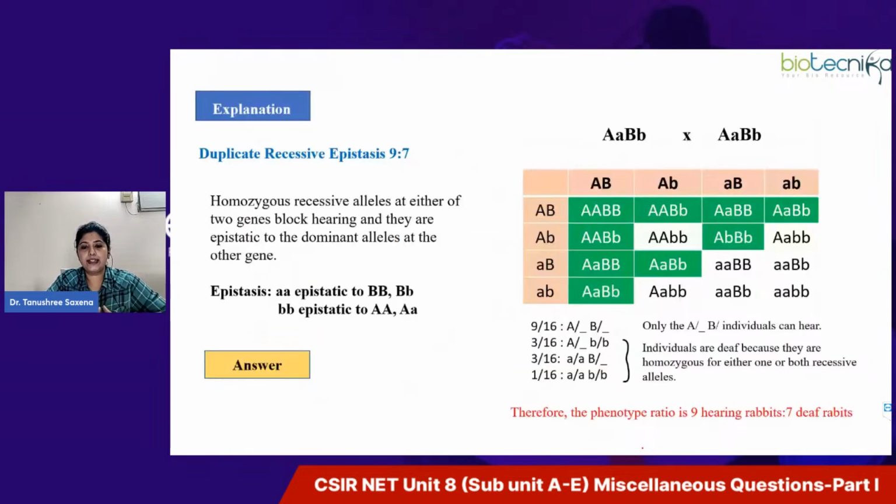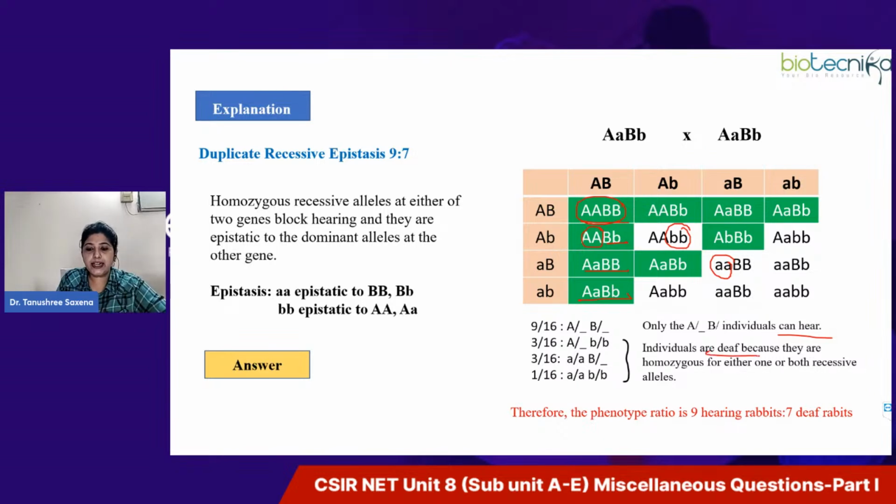And if you want to understand the question in detail, as I mentioned earlier, we need both dominant A and B alleles. If they are in homozygous or heterozygous condition, or any one is homozygous and the other heterozygous or vice versa, the individual will not be deaf, right? But anywhere you get the recessive allele, either B in homozygous recessive condition or A in homozygous recessive, that leads to deafness.